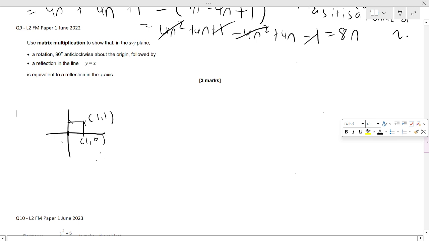So if we rotate it 90 degrees anti-clockwise in that direction, the square is going to go to here, isn't it? That'll be the transformed square when you rotate it 90 degrees anti-clockwise.